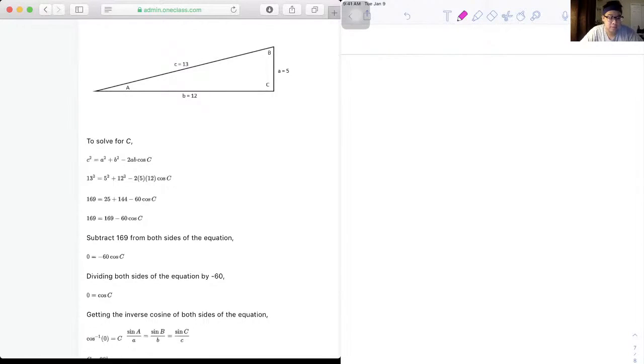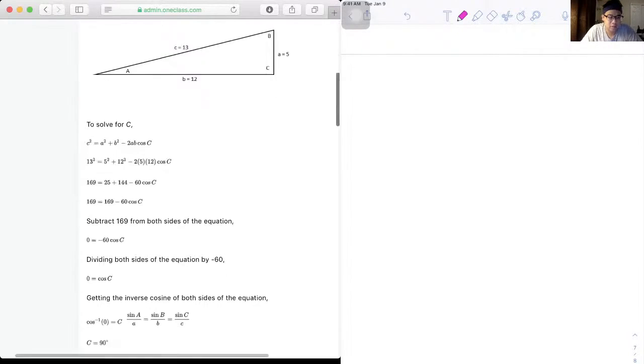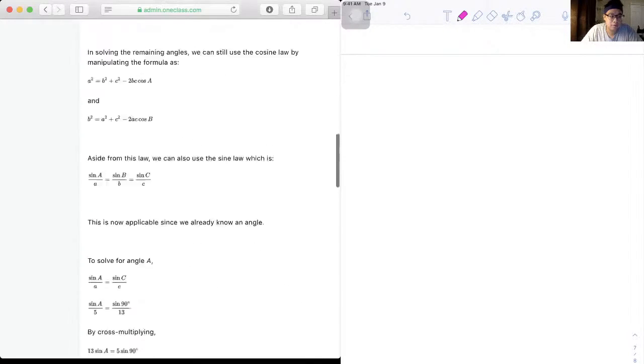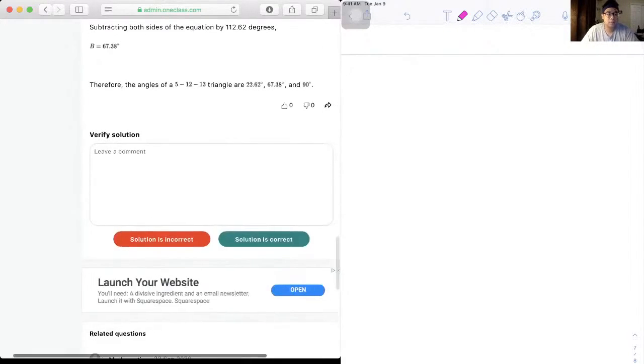But other than that, it's all correct. And also, because we're going to divide both sides of the equation by negative 120, that doesn't really affect our answers. Our other parts are correct. The solution is correct.